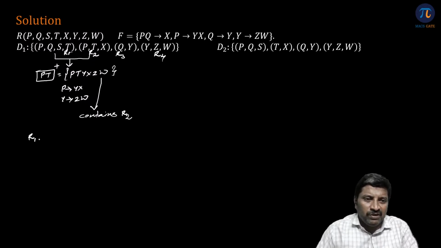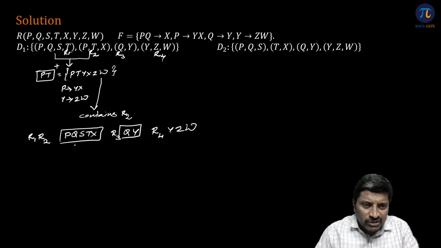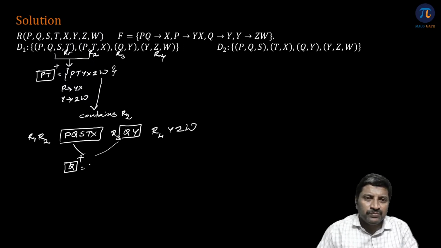So let us combine R1, R2: PQ, ST, X. Then what is the third table? QY. What is the fourth table? YZW. You can consider any two, sir. I think these two have common Q. What is the closure of Q?